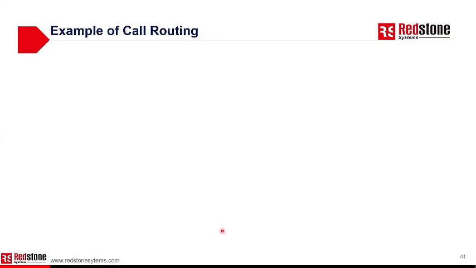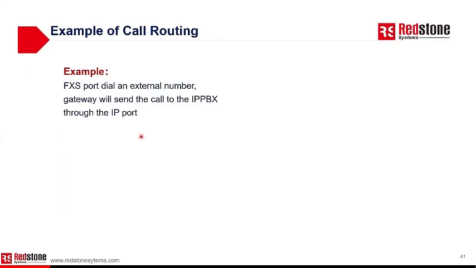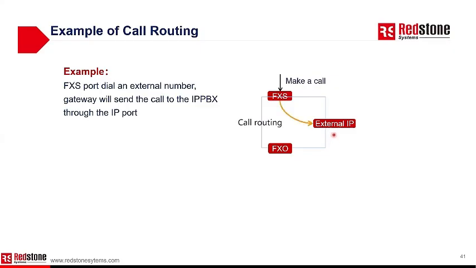So, examples of call routing. Here, the example is an FXS port dialing an external number, then the gateway will send the call to the IPPBX through the IP port. So the flow would be like this. You make a call, then it goes to the external IP, then to the IPPBX.